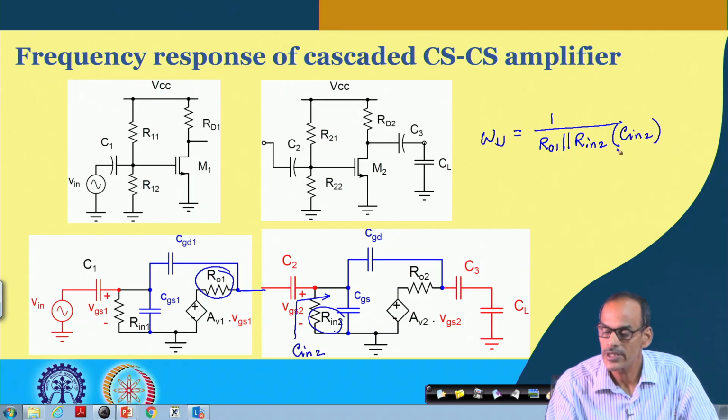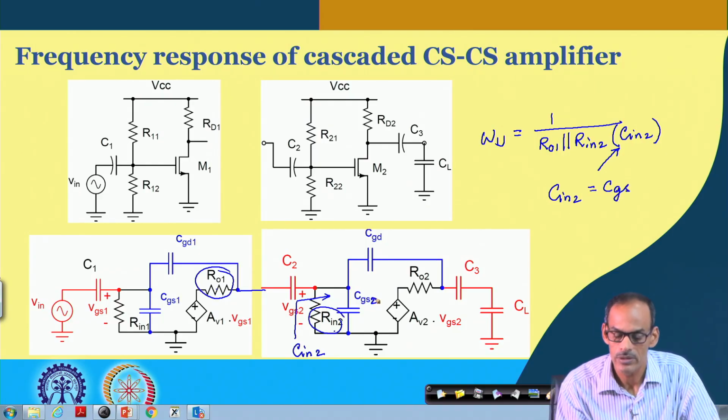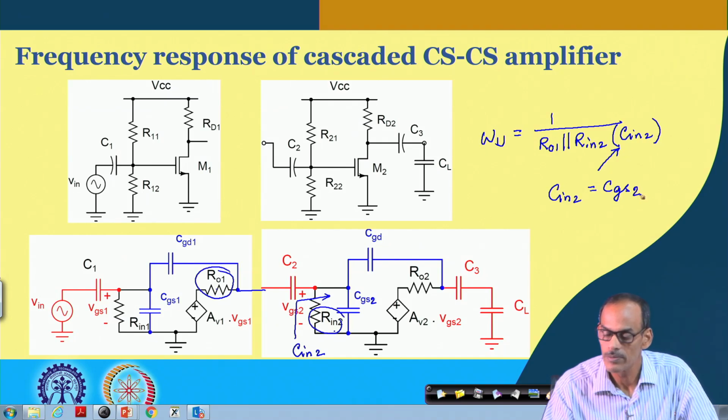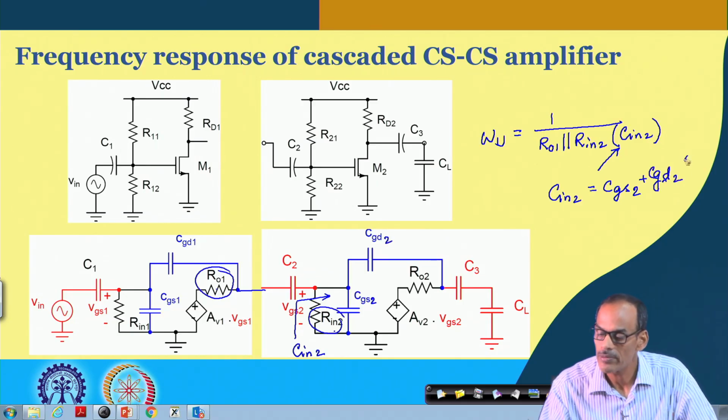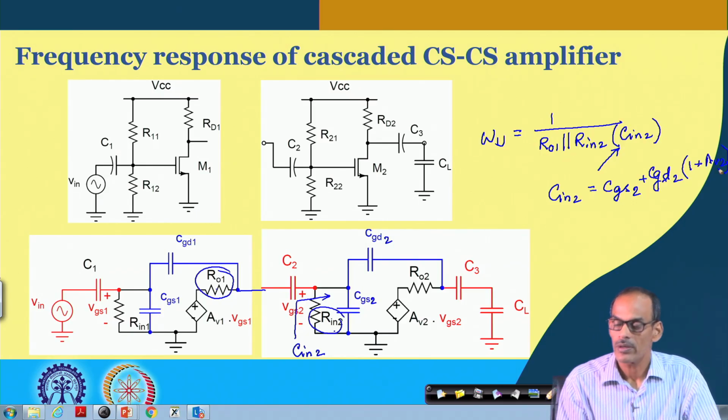And this Cin2 equals CGS of the second stage, CGS2, plus CGD2 multiplied by 1 plus AV2.